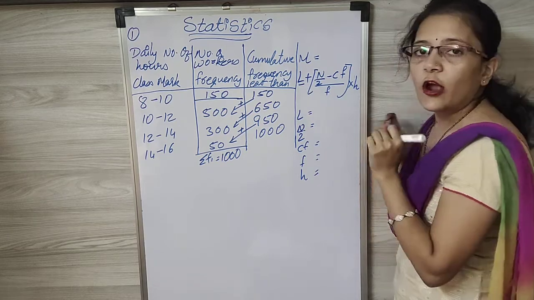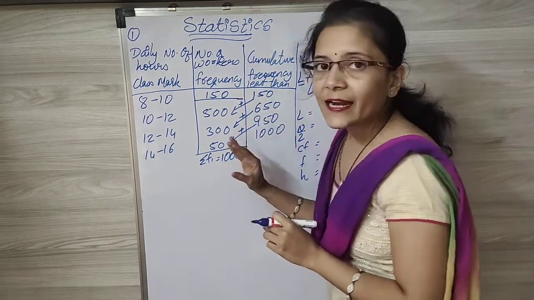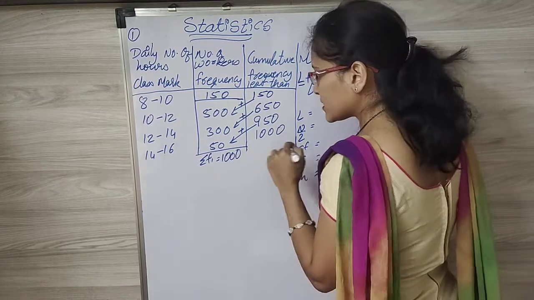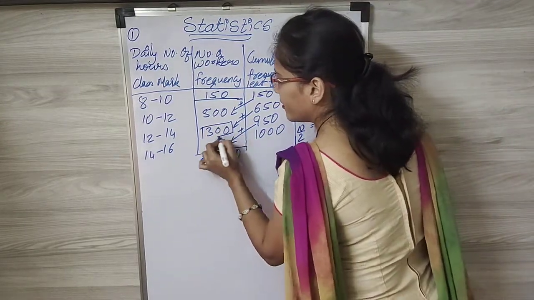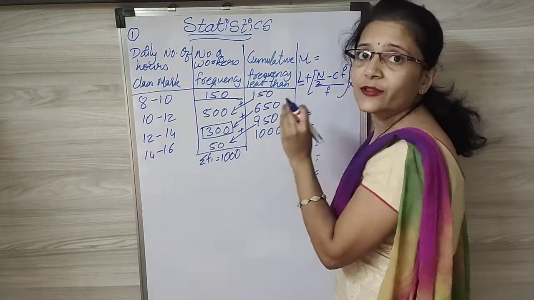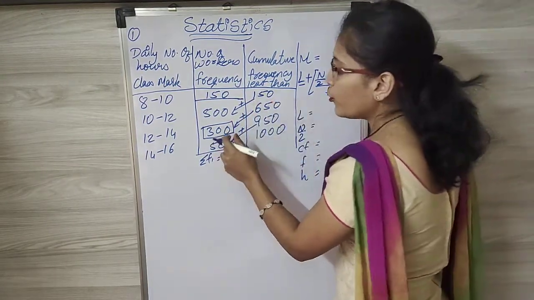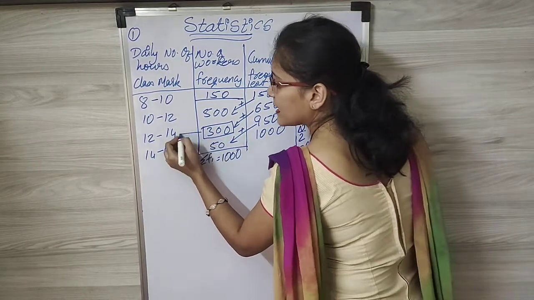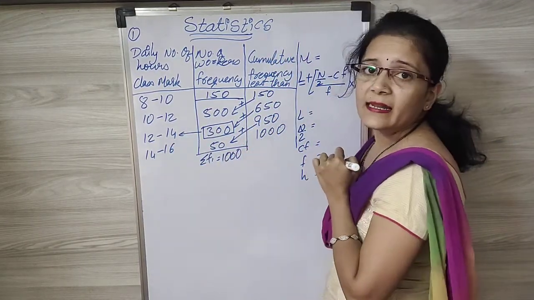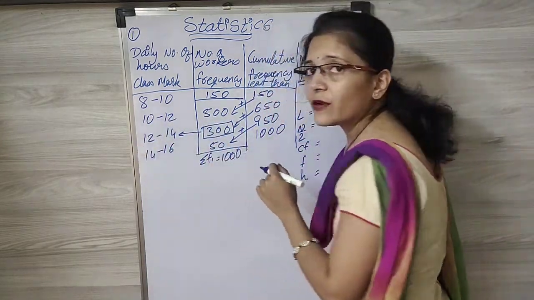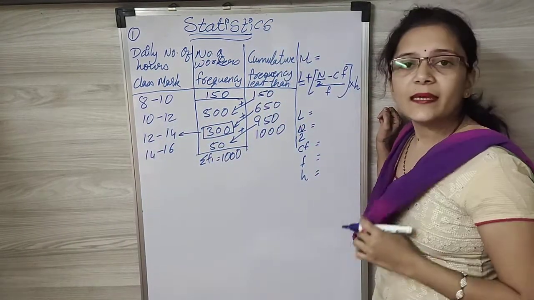You have to select the median class of the data. Suppose I select the median as 300, the median class is 300. So what is the class limit of this? That is 12 to 14. For 12 to 14, what is our lower limit? That will be 12.